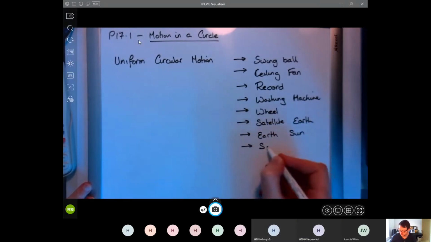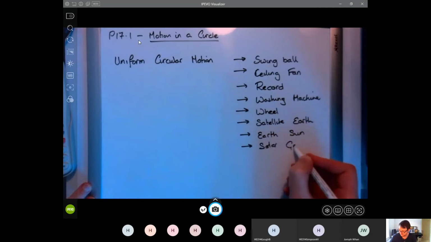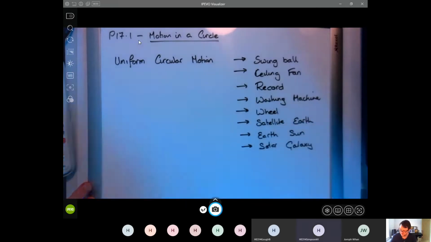What about the solar system around the galaxy? I thought those are all ellipses, weren't they? They're all things moving in a circle when we consider them as a simplistic system. When we go too complicated, obviously they're ellipses. But as far as we're concerned, they're circles.